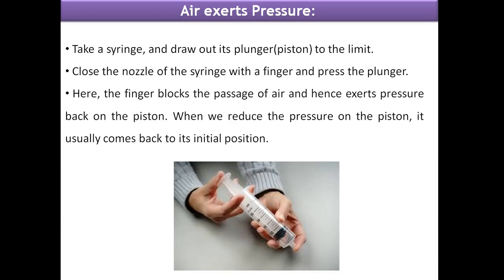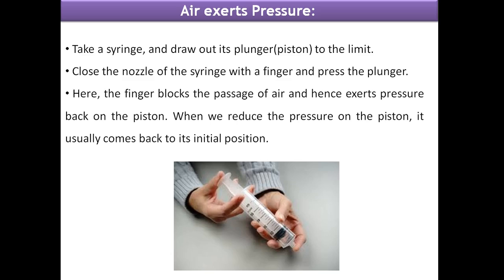Let's observe another example of air pressure. Take a syringe and draw out its plunger, that is piston, to the limit. Close the nozzle of the syringe with a finger and press the plunger.